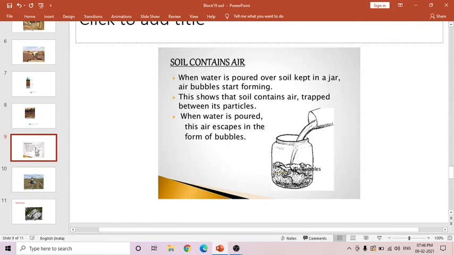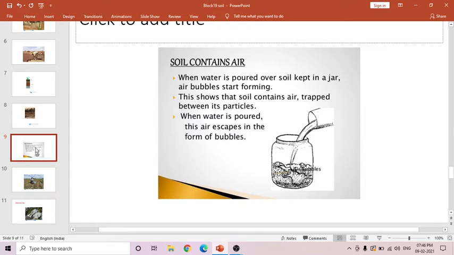These bubbles are nothing but some air present in between the soil particles. Whenever we pour water, the water occupies the place between the soil particles and the air comes out. Because of that, it's making a hissing sound.